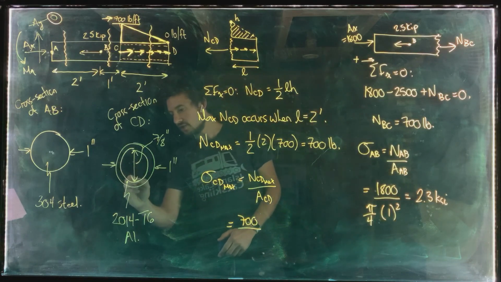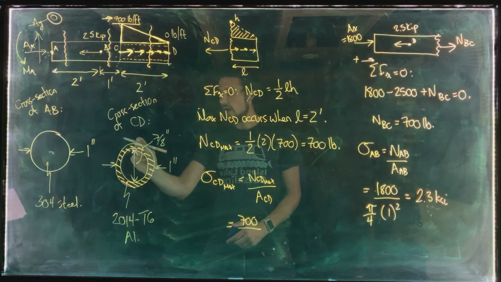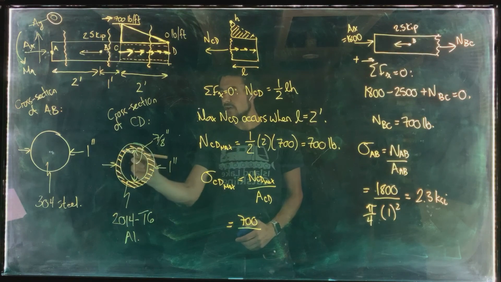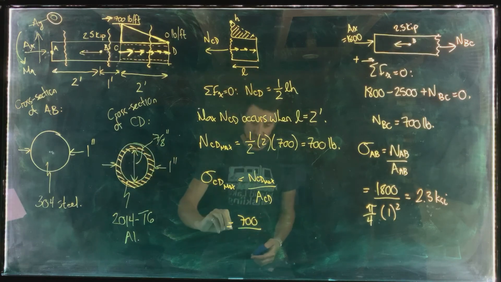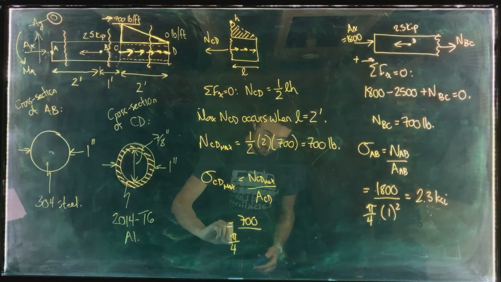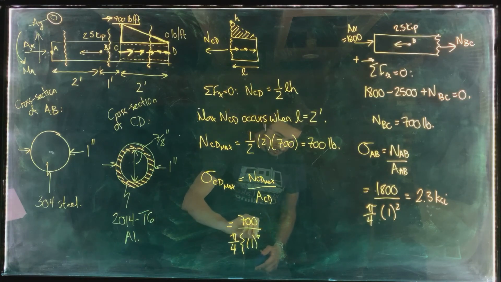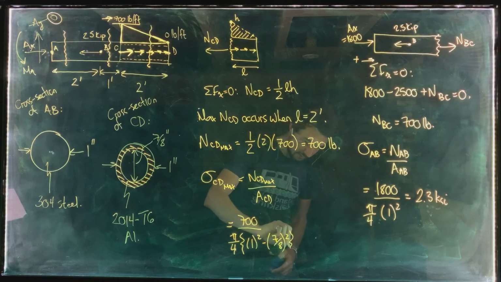So cross-sectional area now for a tube, right? You do outer area minus inner area. Pi r squared outer minus pi r squared inner, or pi over 4 outer diameter squared minus pi over 4 inner diameter squared. So we've got pi over 4 times outer diameter 1 squared minus inner diameter 7/8 squared.